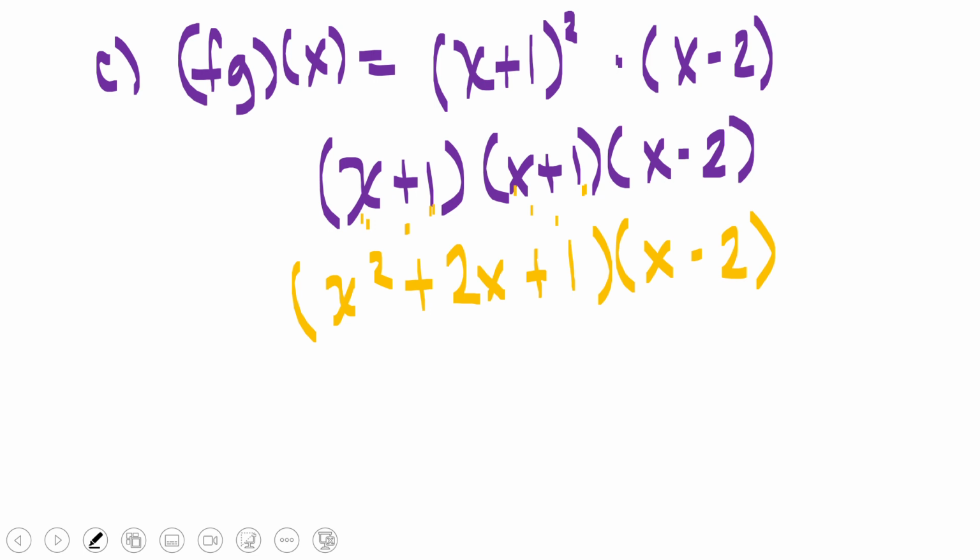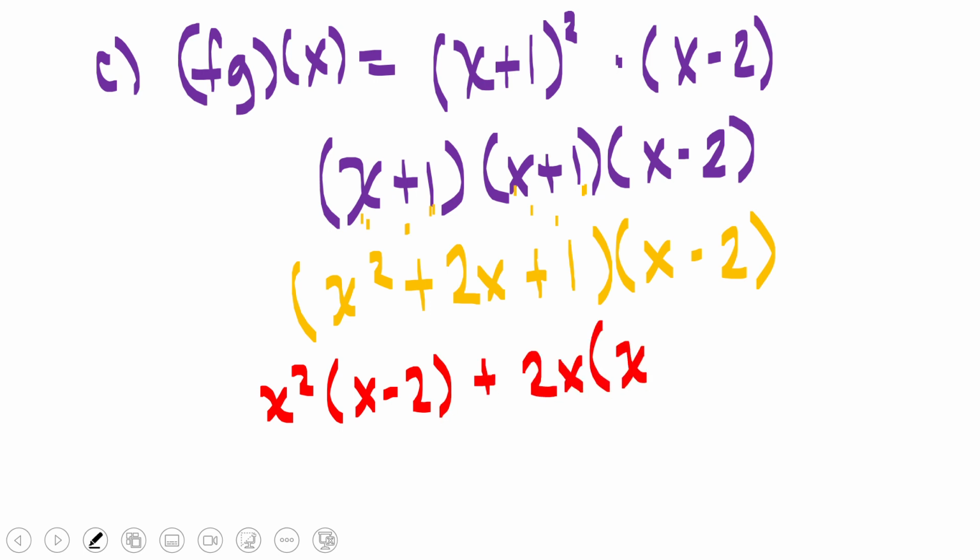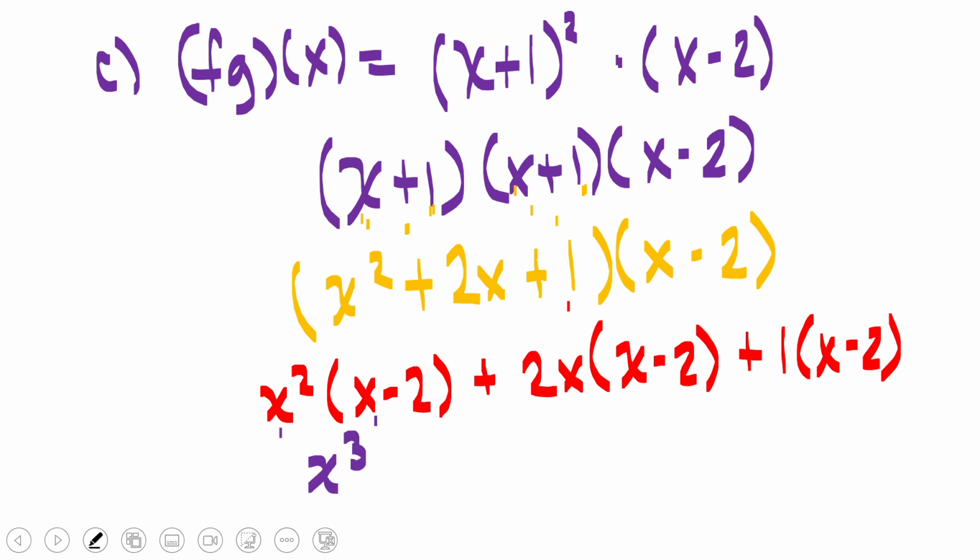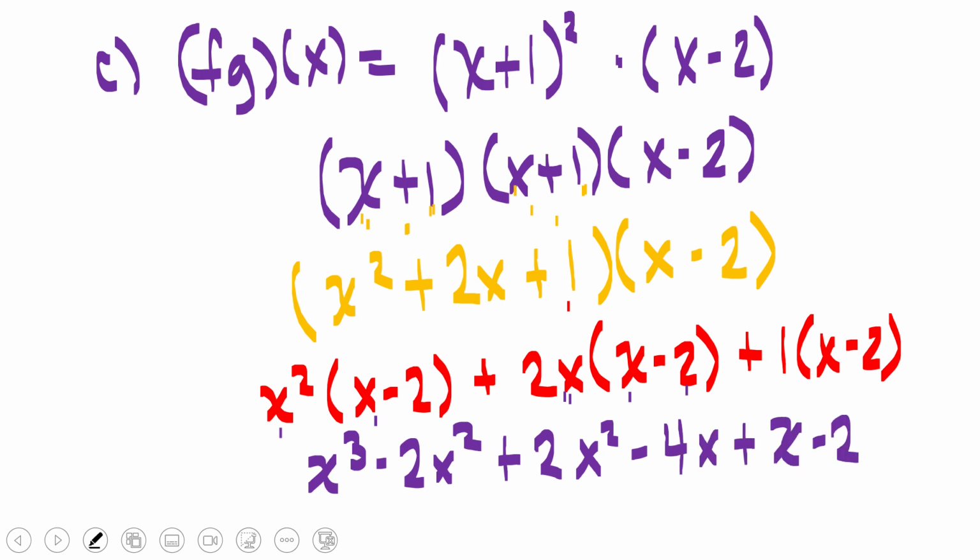So what we have now is x squared will be multiplied by x minus 2, plus 2x will be multiplied by x minus 2, plus 1 will be multiplied by x minus 2. Distribute. We have x to the third power here, minus 2x squared, plus 2x times x is 2x to the second power. 2x times negative 2 is a negative 4x, plus x minus 2.